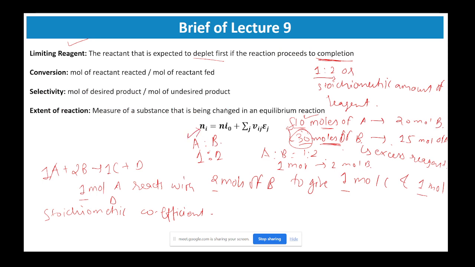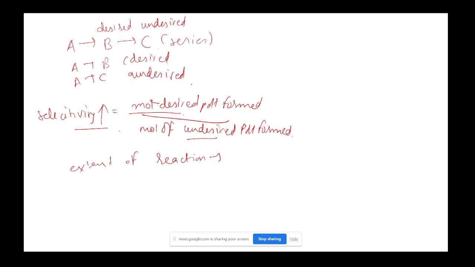So if I want to find the moles of any reactant or product, then this is the amount of initial moles of that species plus, now here Vij is the stoichiometric coefficient and epsilon is the extent of reaction. So for a product this will always be positive, so the number of moles will increase, and for a reactant this will be negative, so the amount of moles will decrease, right?